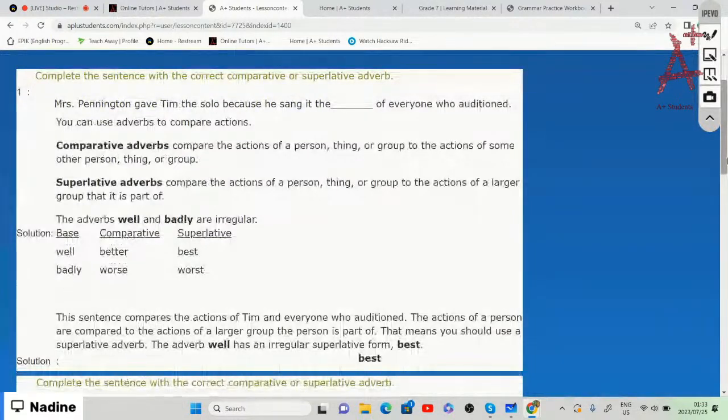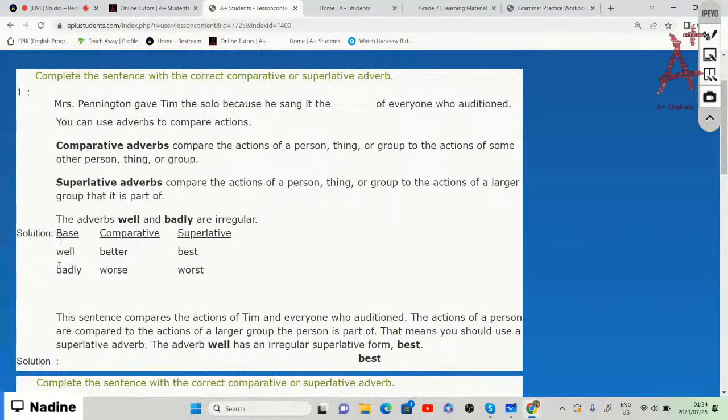They are irregular. So if we look at the base word well, now if we were to compare, then we don't say wellest, right? Because we are comparing.